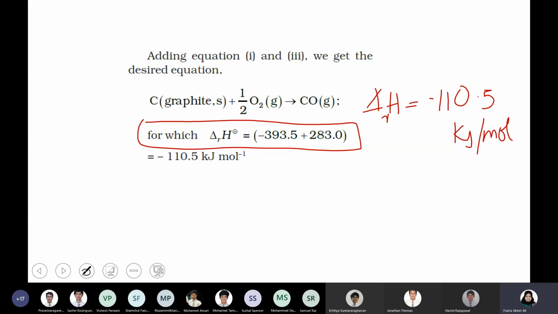In a thermochemical equation, there is not only the balanced equation but enthalpy values as well. So when you are adding, you need to add the enthalpy values as well, so that you will get the final answer: enthalpy of reaction is equal to minus 110.5 kilojoule per mole.